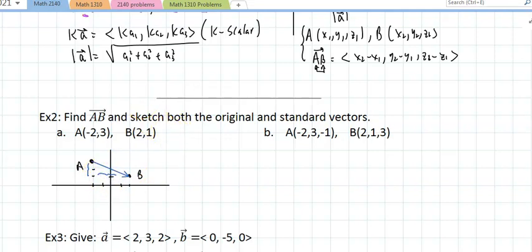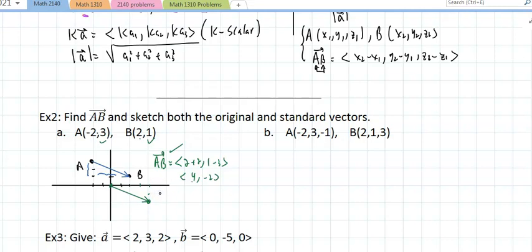Well, hey, if you want to really get AB, vector AB would be 2 minus a -2 and 1 minus 3. That would be 4, -2. So if I start at the origin, this is called a standard vector. Starting at the origin, move 4 to the right and 2 down. Those two vectors are the same.